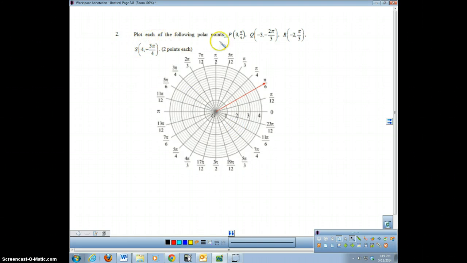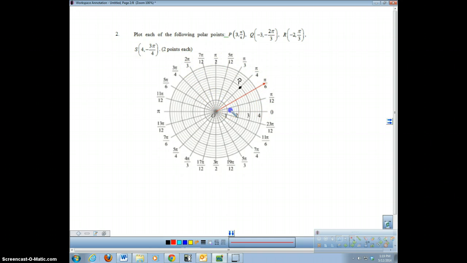The next one was plotting polar coordinates. So we're going to plot 3 pi over 4, and pi over 4 is here, and then we're just going to go out 3. So 1, 2, 3. So there's point P. Point Q is negative 3, negative 2 pi over 3. So we're going to have to go negative 2 pi over 3. So 2 pi over 3 is right here.